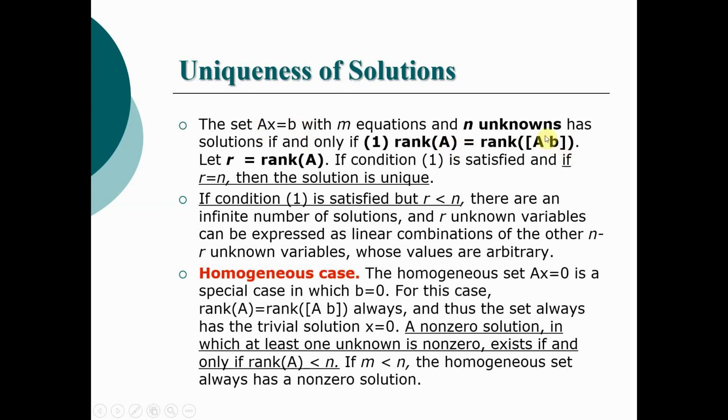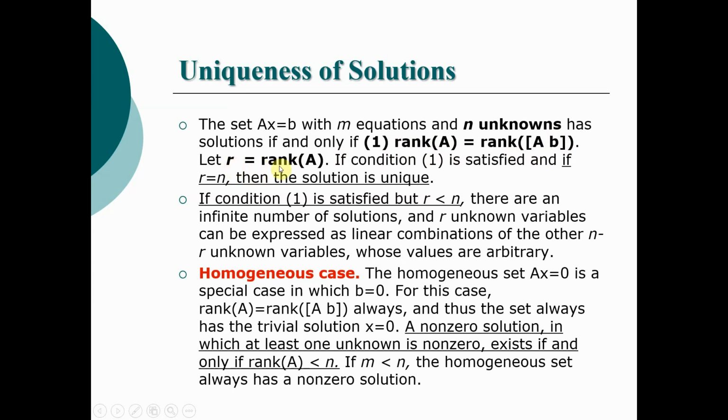What this means is that you definitely can express vector B as a linear combination of vectors of A. So in this case, we know that definitely our equation has at least one solution. Let's call this number r.